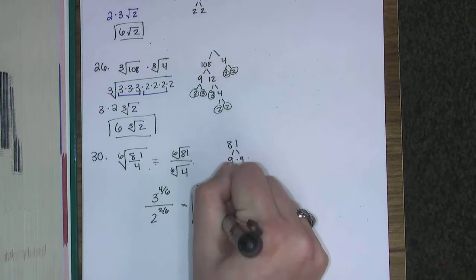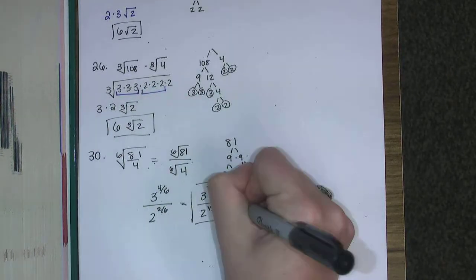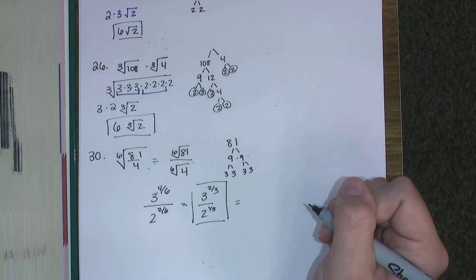So if you get something simple like that, you are good to go. Or if you wanted to go one more step, since both things are the cube root, I could take the cube root of 3 squared, which is 9 over 2. If you wanted to do it that way, that would work as well.